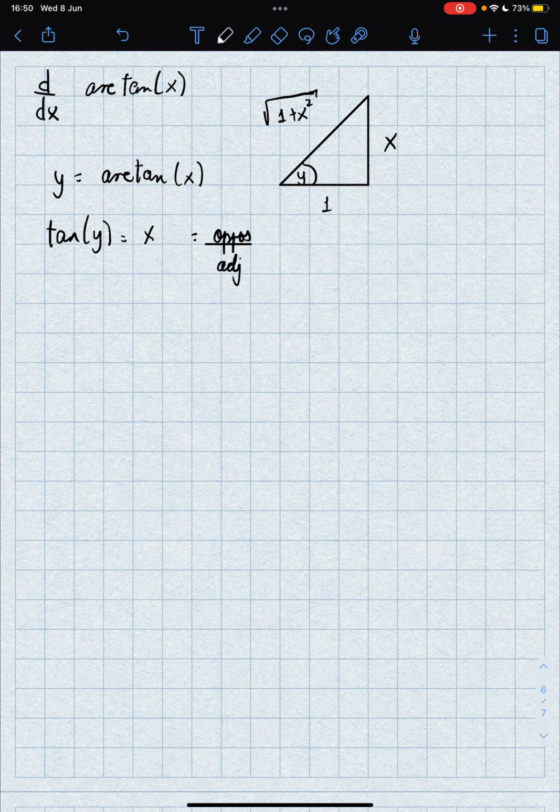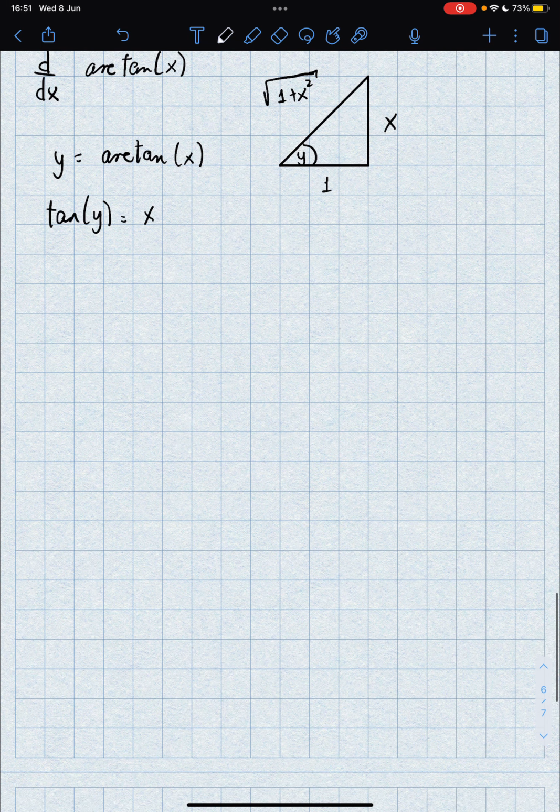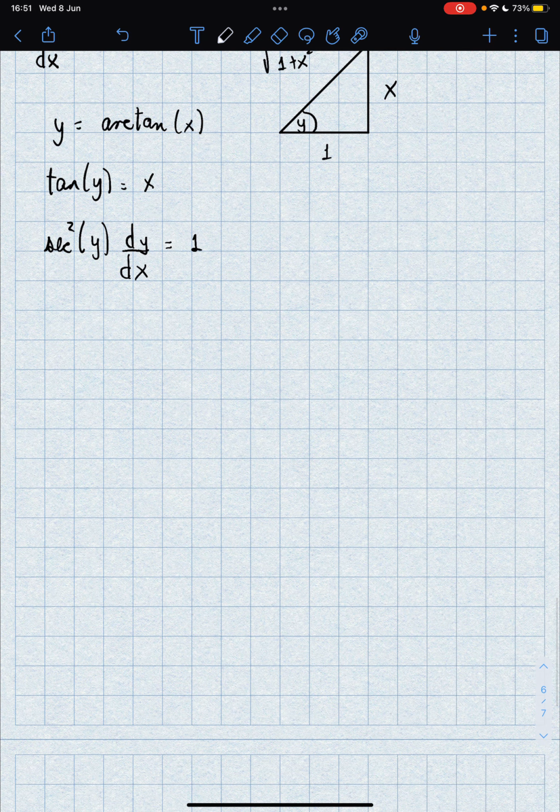If I try to derive this expression, what I'm gonna have is secant squared of y times dy/dx equals 1. So dy/dx is equal to 1 over secant squared of y.